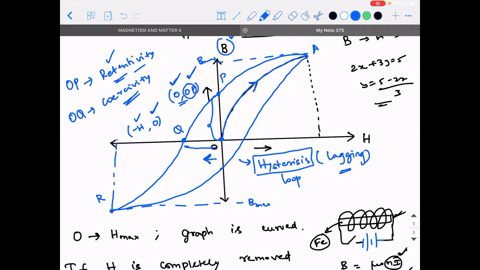I have a doubt. Tell me. Is it possible to give a negative value, sir, for H? Negative value in the sense opposite direction.